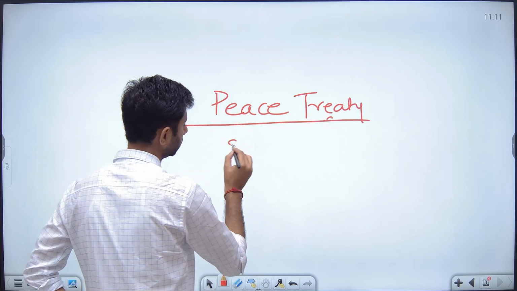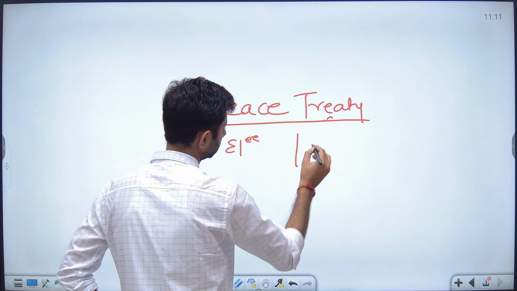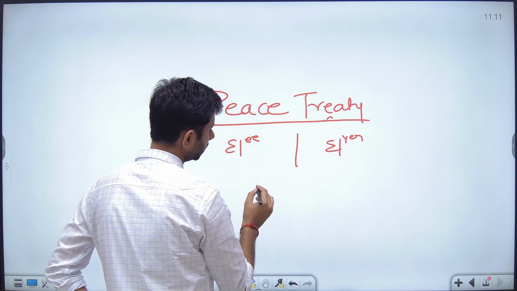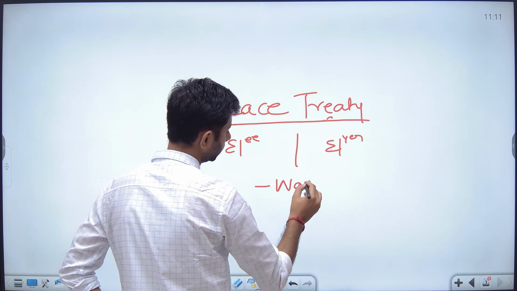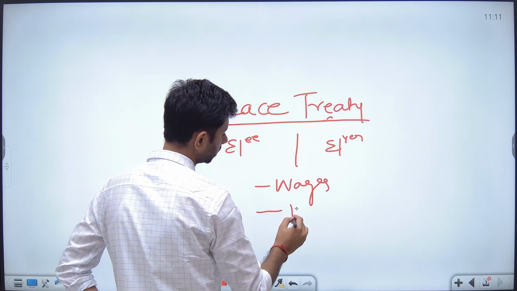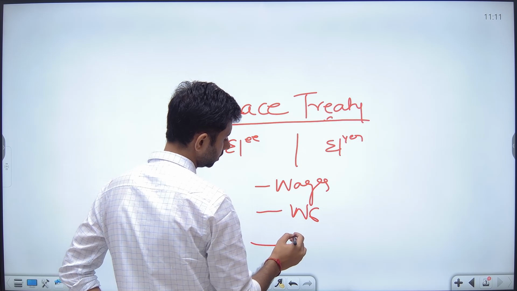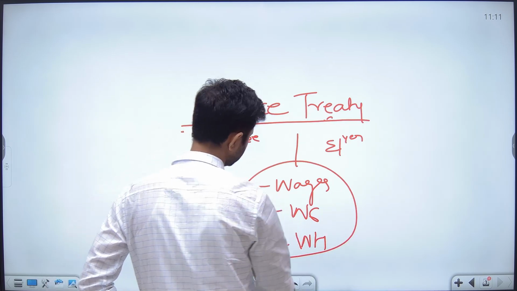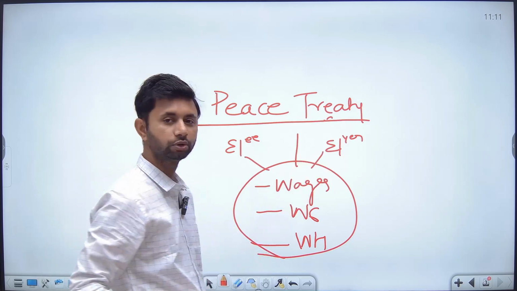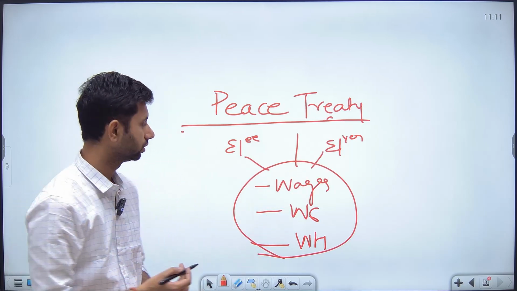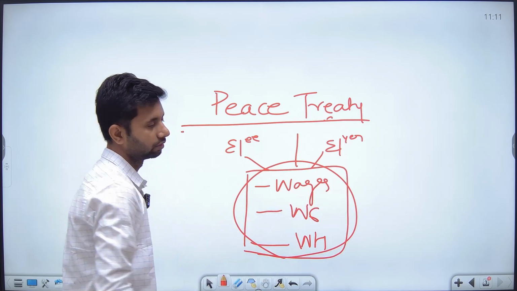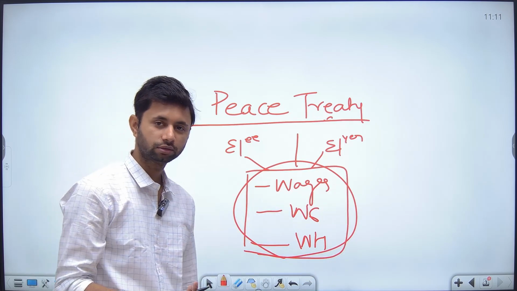Peace treaty. Employer, workers, they've agreed on wages, working conditions, working hours. If both have agreed on these provisions, if both have agreed that, okay, now we'll follow this agreement, then obviously both parties are happy.